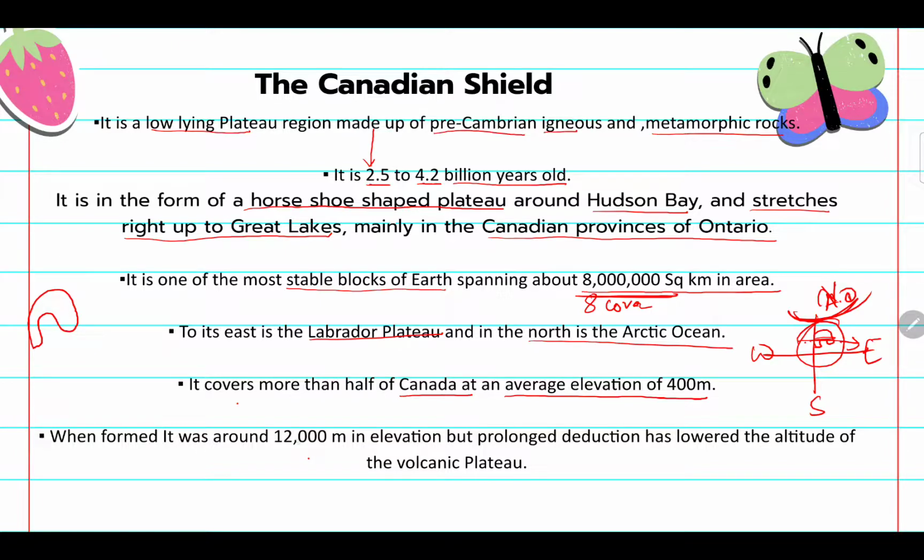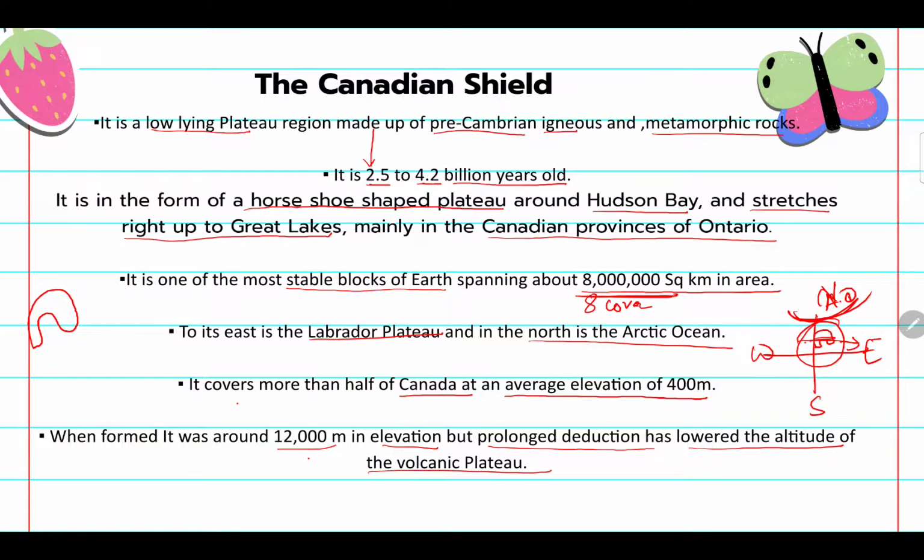When it was formed it was around 12,000 meters in elevation, but prolonged denudation has lowered the altitude of the volcanic plateau. So much has happened, the denudation process has been done, so the altitude has decreased.